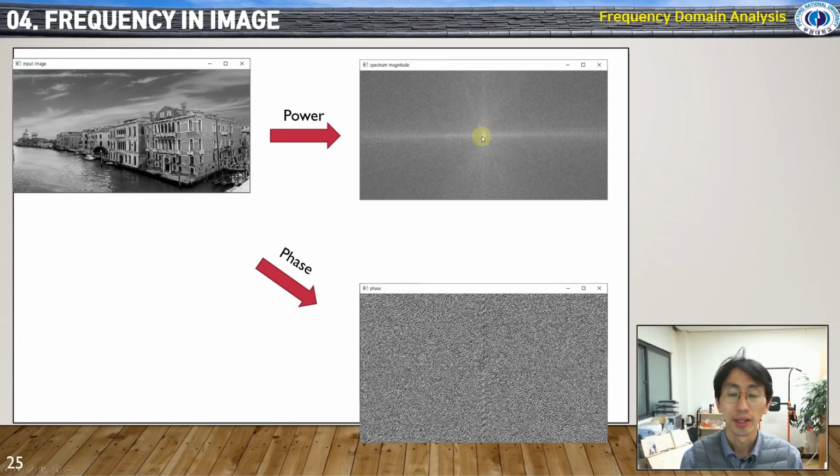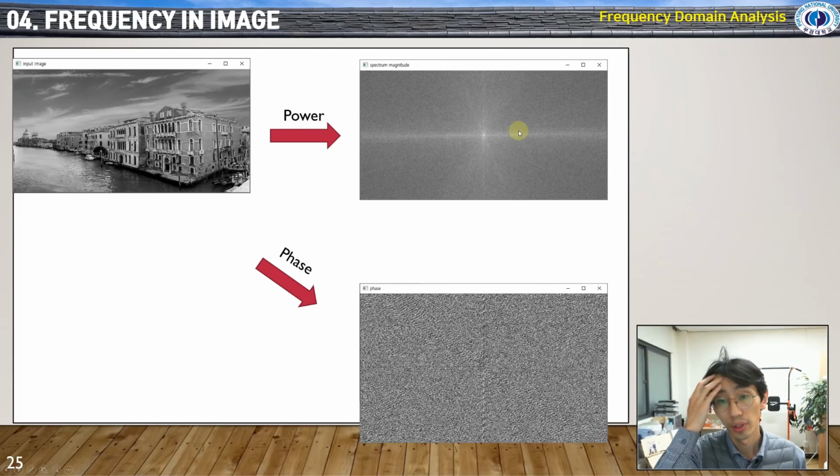So the center point here denotes the zero frequency, and when the points are far away from the center point, it becomes higher. It means the higher frequency. So the highest frequency signal is represented with pixels like this at this corner, or this corner, or this corner, this corner.